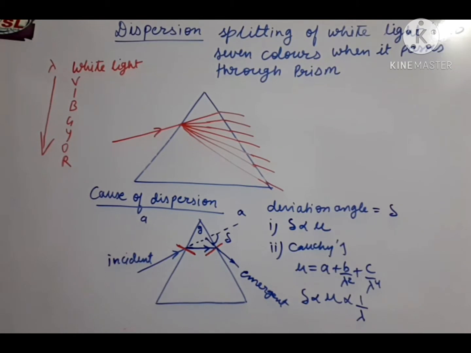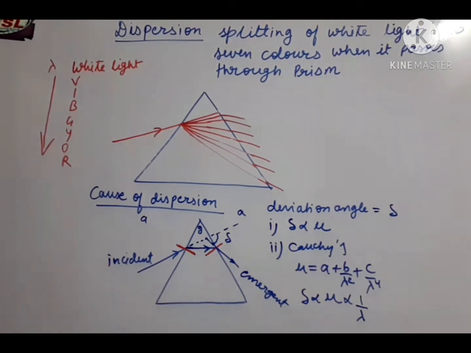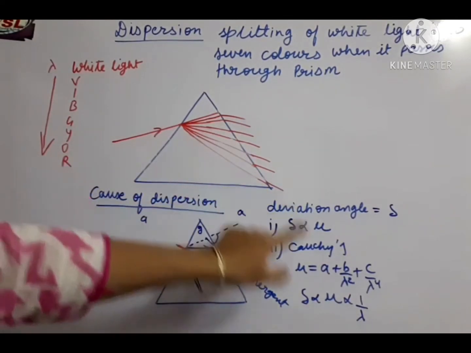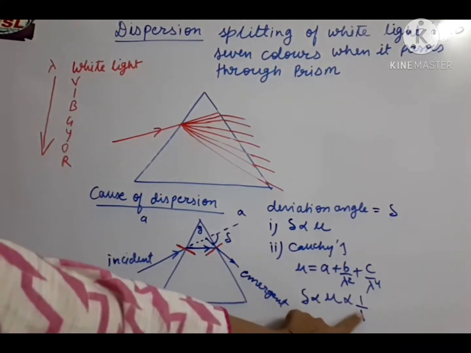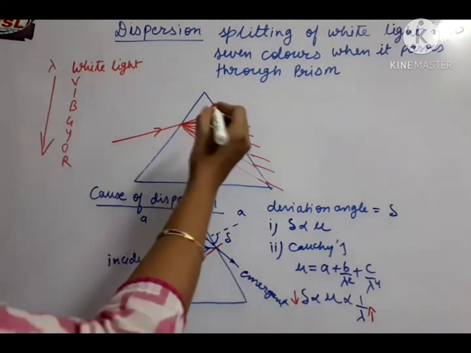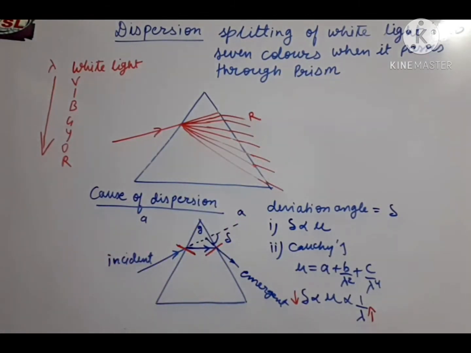So if we see the sequence of the colors, we can decide the order with the help of wavelength. The color with the highest wavelength has the minimum deviation angle. So the minimum deviation angle color is red, and violet color has the least lambda.